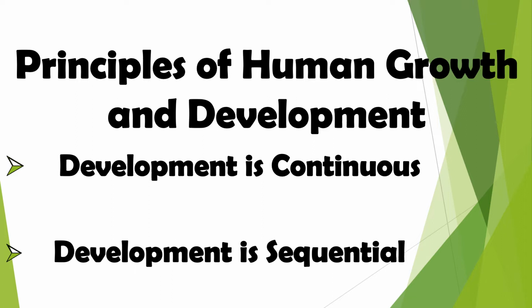It goes on continuously throughout life. Even after maturity has been attained, development does not end, meaning development continues throughout the life of an individual. This process takes place in interaction with the environment in which a person lives.